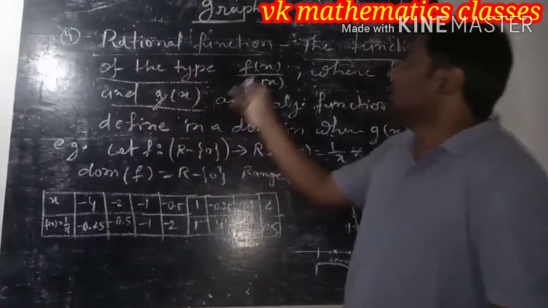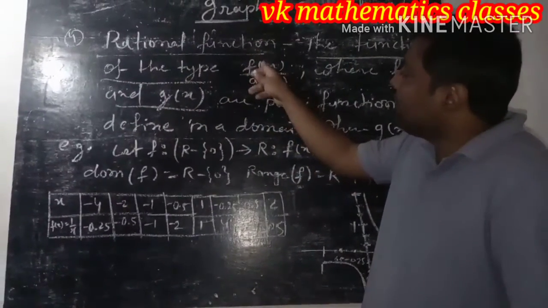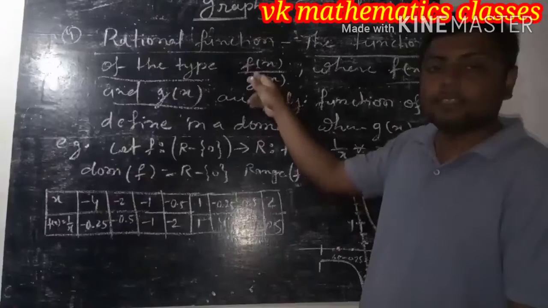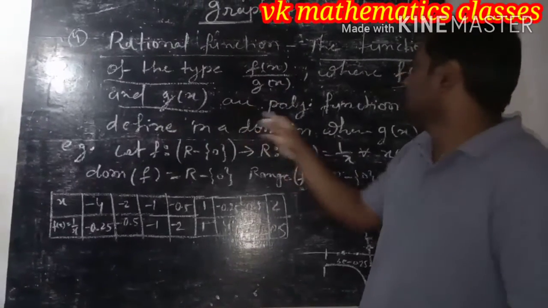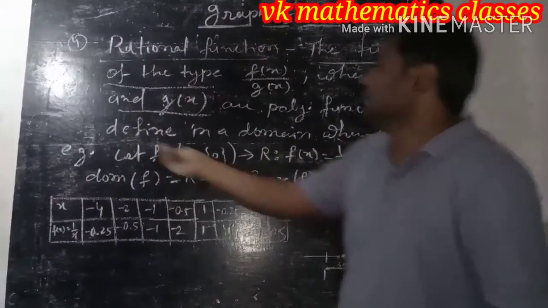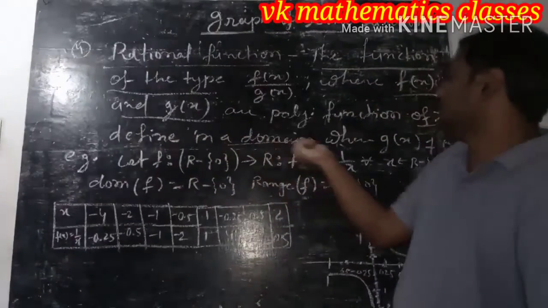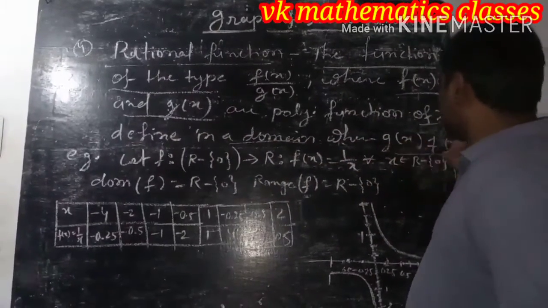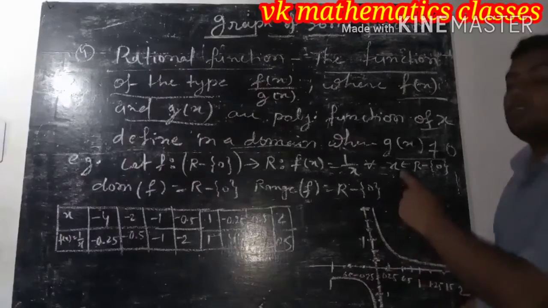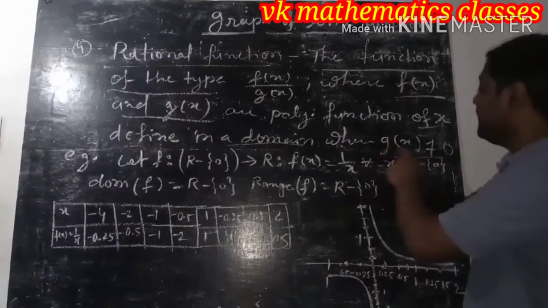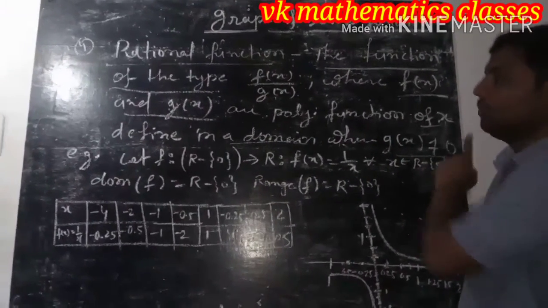It means a function of the form f(x) by g(x), where f(x) and g(x) are polynomial functions of x, defined on a domain where g(x) is not equal to 0. Note this point here: g(x) is not equal to 0.